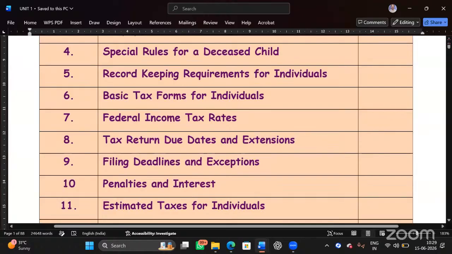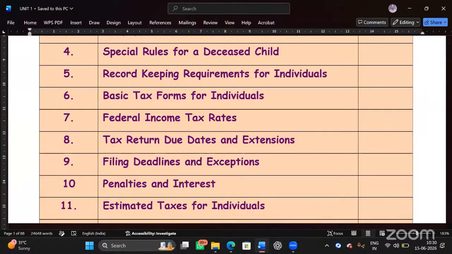7, federal income tax rates. I already showed one screen. We are having the 7 type of tax rates. 10%, 12%, 22%, like that 7 type of tax rates are there. But the tax rates and brackets are changing from person to person depending upon the type of the status.